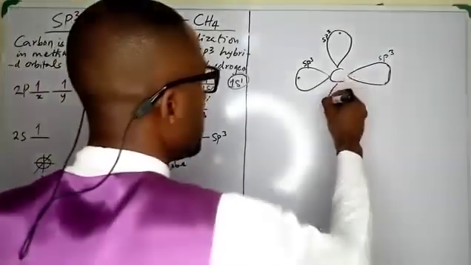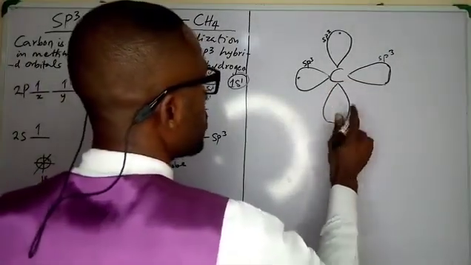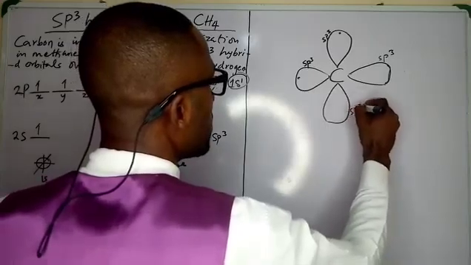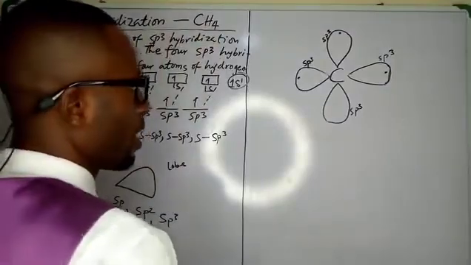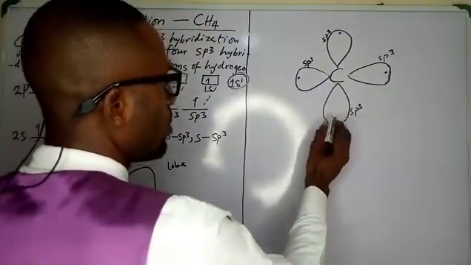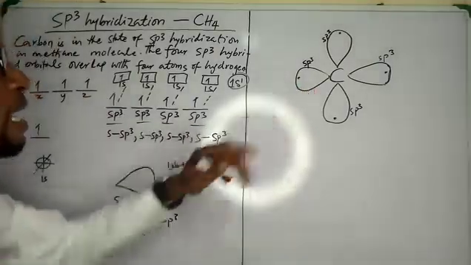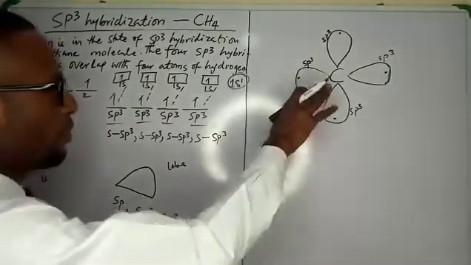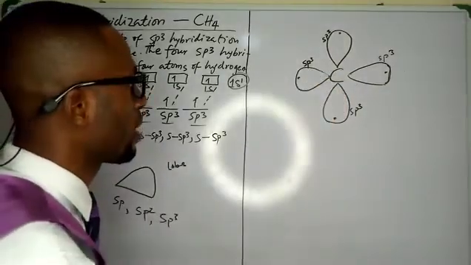Towards this end, we are going to have that lobe-like structure again, representing the third and the 4th sp3 hybrid orbital of carbon, each of them carrying 1 electron. So I've shown you the hybrid orbitals around the centrally placed carbon atom.